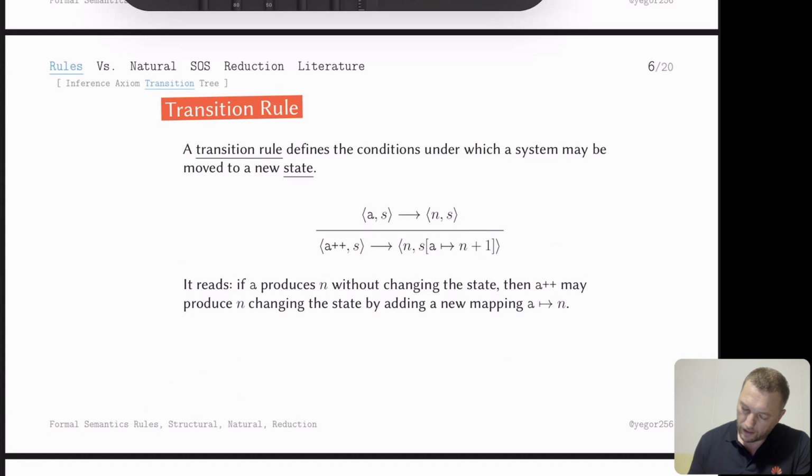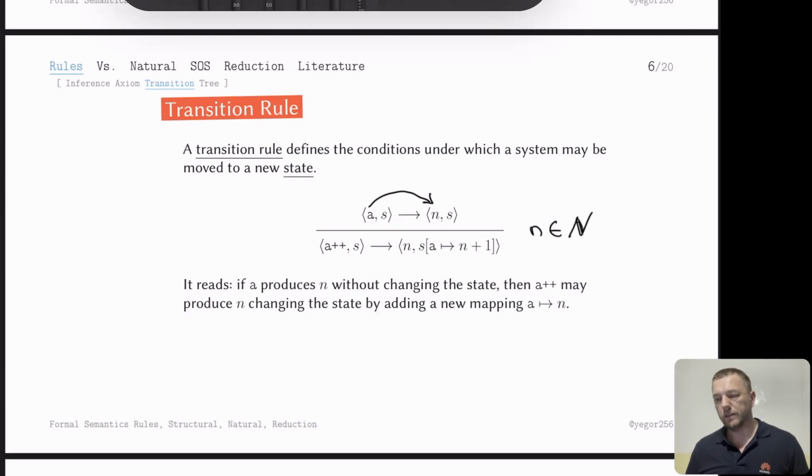So the rule says at the top, if an input to the system is variable a, the letter a, and some state, so if the calculator is seeing the letter a and it is now in the state s, if the transition to a different situation may happen, and in this different situation, instead of a, we will see n.